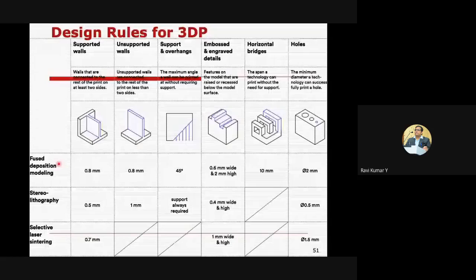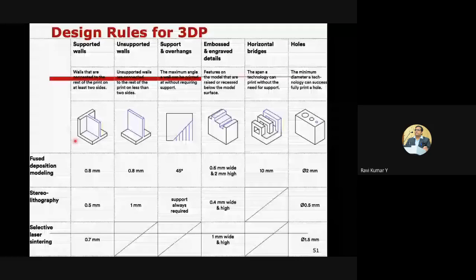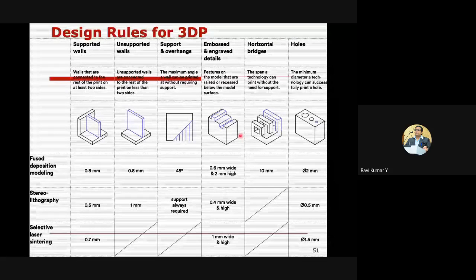So some technology may use binder, some technology may use laser energy, some technology may use heat energy, some technology may use ultrasonic welding. So we need to know about the capabilities or the constraints of each and every process, and then you check the features in your design.